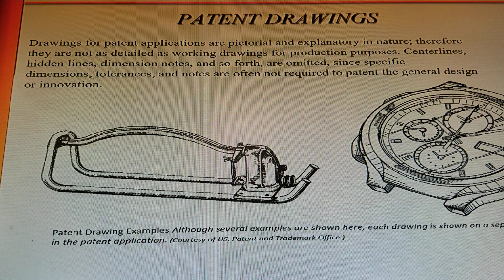Therefore, they are not as detailed as working drawings for production purposes. Center lines, hidden lines, dimensions, notes, and so forth are omitted, since specific dimensions, tolerances, and notes are often not required to patent the general design of the innovation. So these are examples of patent drawings.